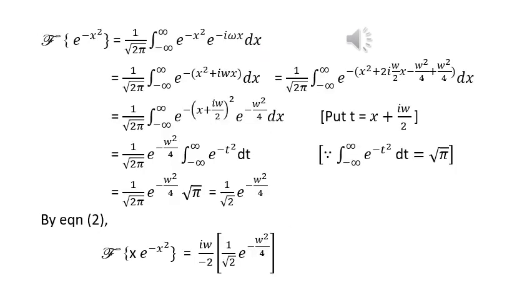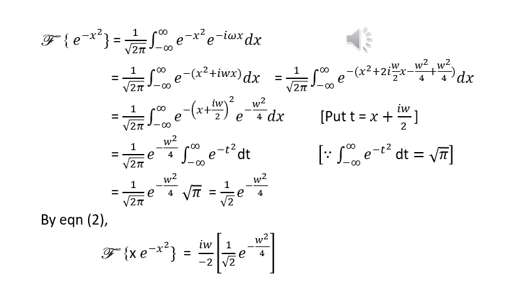Now let us find the Fourier transform of e raised to minus x square. From the formula we get 1 by root 2 pi integral minus infinity to infinity e raised to minus x square into e raised to minus I omega x dx. Now minus can be taken common, so that is 1 by root 2 pi integral minus infinity to infinity e raised to minus of x square plus I omega x dx. To the expression in the bracket, x square plus I omega x, we can add I omega by 2 the whole square and subtract I omega by 2 the whole square.